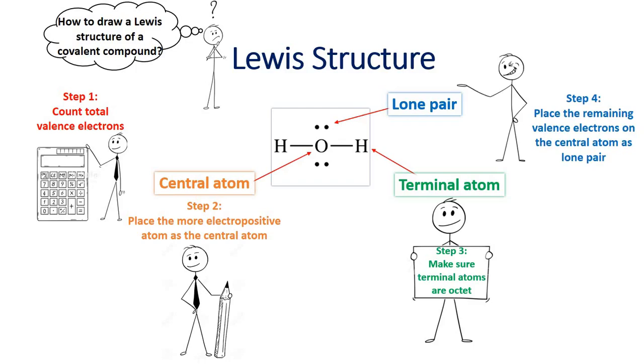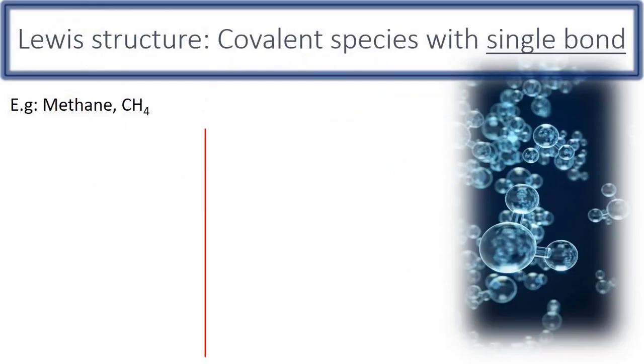Let's do some hands-on activity, shall we? Using methane as our first example. Methane is a covalent species with only single bonds. First, we calculate the total number of valence electrons in methane.